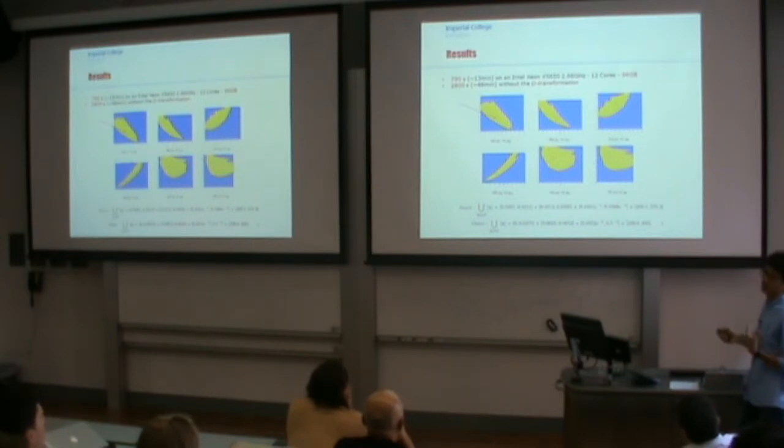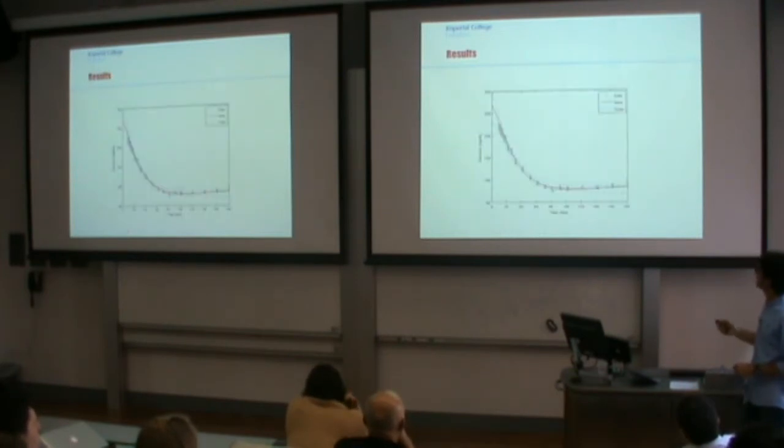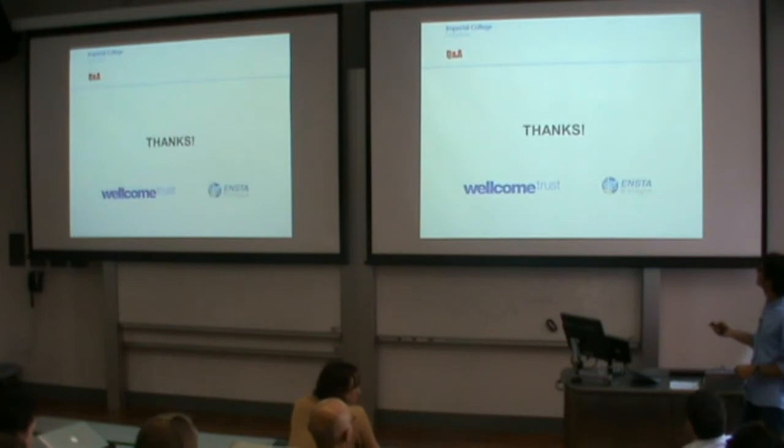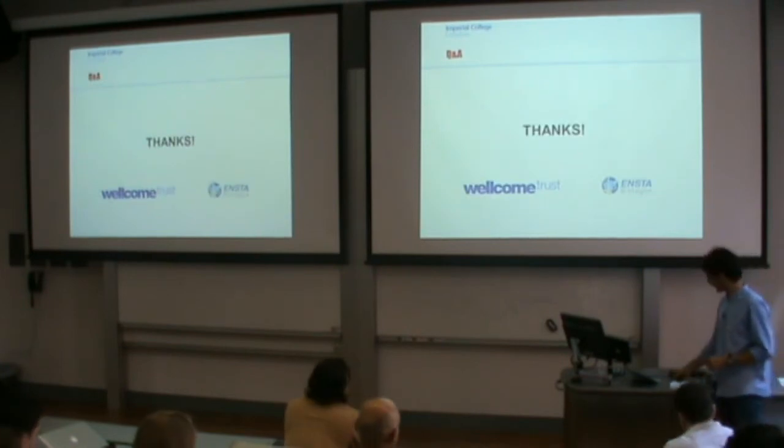It takes 3 times more computation time to solve, so it's worth using interval analysis for this problem. And just to show you then the simulation with these identified parameters, the inner approximation and the outer approximation of the parameters. Thank you very much.